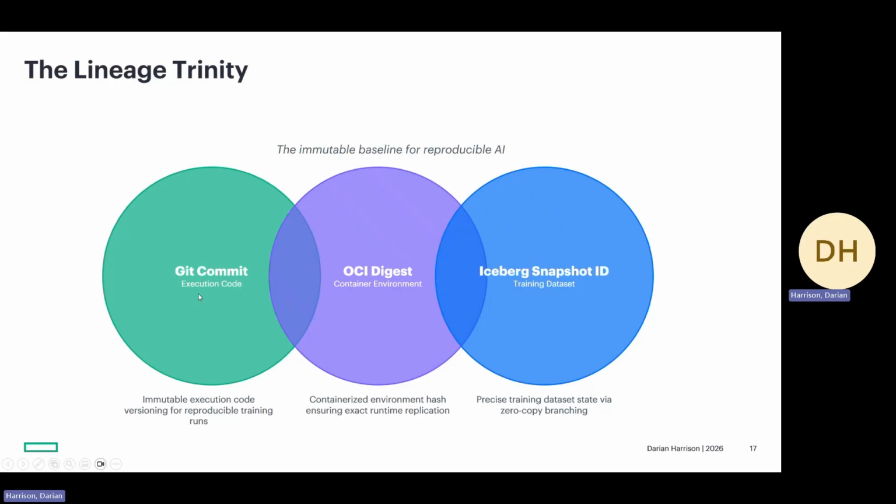That hash code is the code you're going to be running. It's your immutable code. So you need to tie that with a container, an Open Container Initiative Digest. So you generally also keep an immutable container registry.